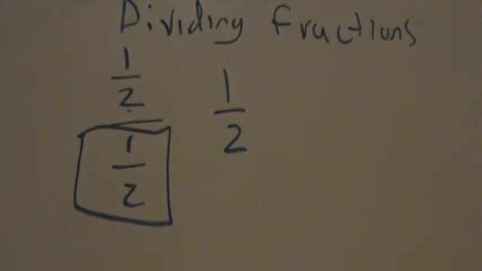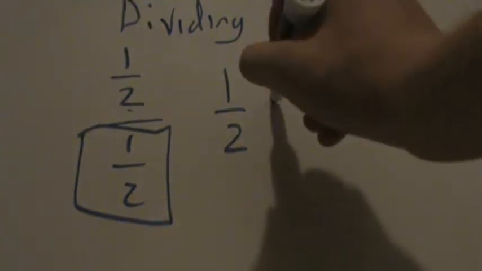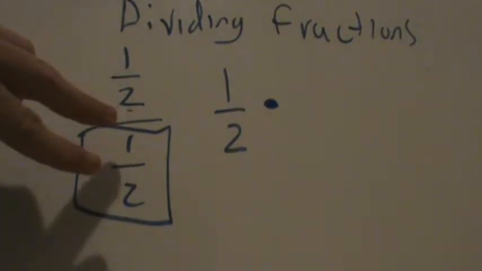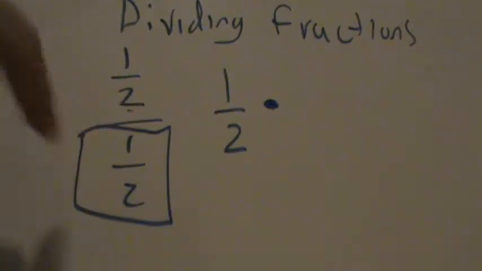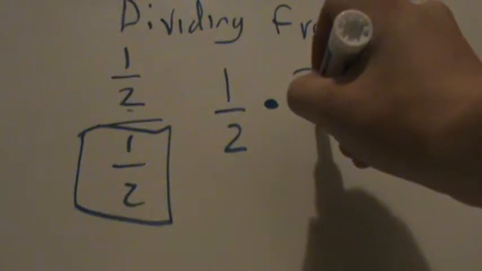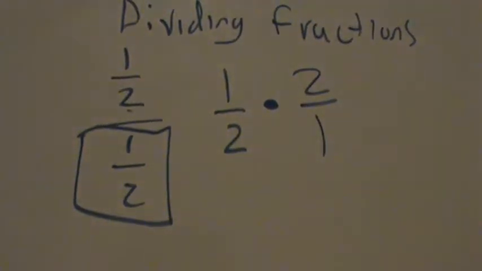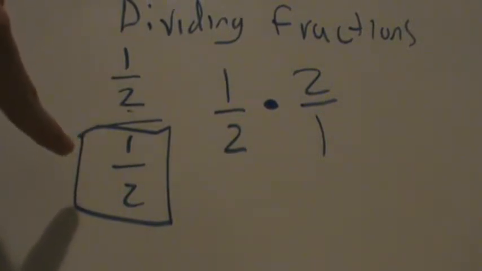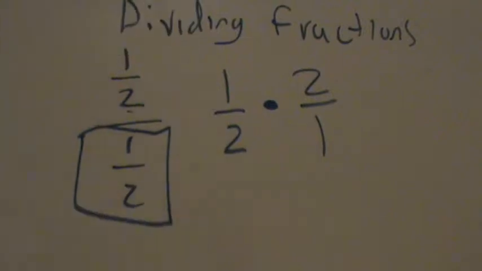And this is why I had to teach you multiplication of fractions before I taught you division of fractions. So you multiply, and then you take the second fraction and switch the denominator and numerator, so you would get 2 over 1. So all you did here, you rewrote the first one, and now you switched the second one and multiplied it by the first one.